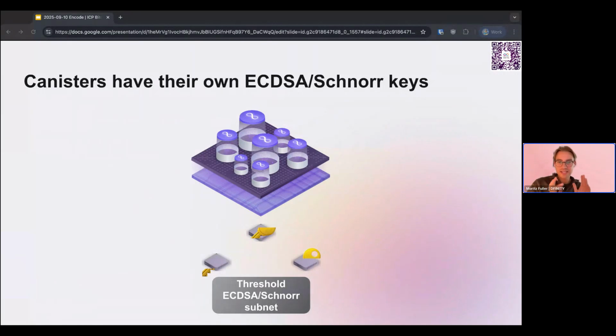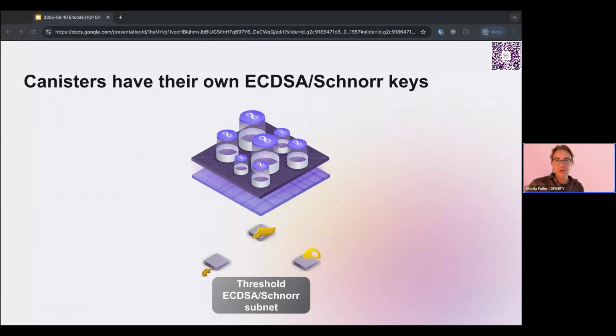So in this case, at least a third of the nodes are required to jointly create the signature using their key shares. And through this, canisters have control, as I mentioned, over a unique ECDSA and Schnorr key pair, and they can request signatures with the corresponding private key to be computed.